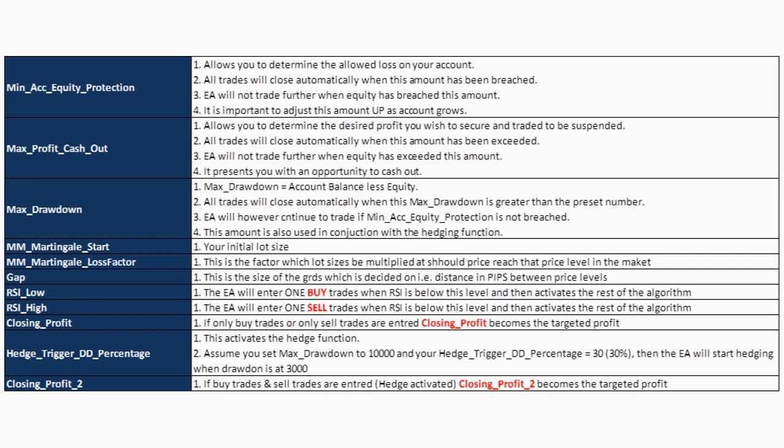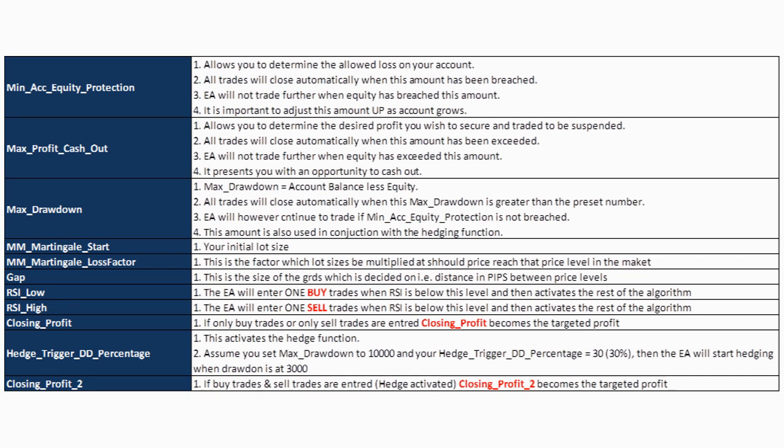Now, with forex trading, you cannot guarantee that the market will move in the way that it has done historically. So it's very important that we understand that you can make profits with forex, but you also need to understand that there are losses. And what we are doing here with the minimum account equity protection is setting what the allowable loss is we would like to take on that account.